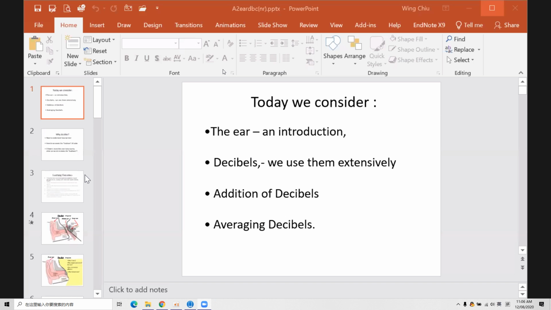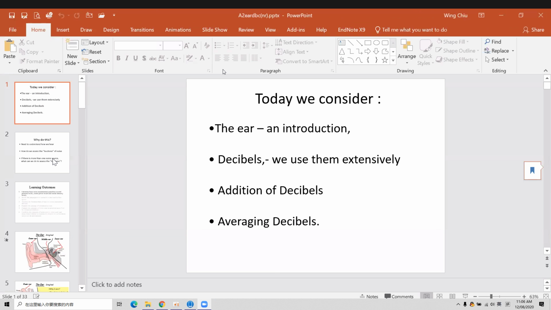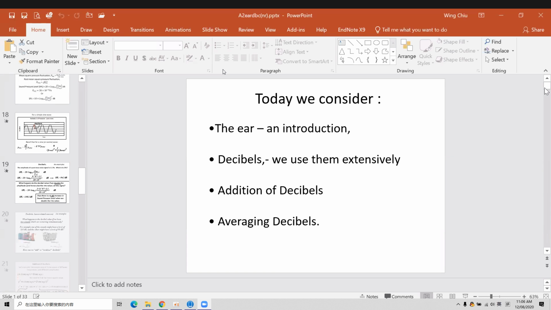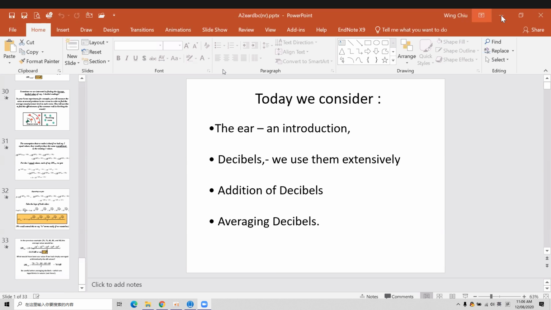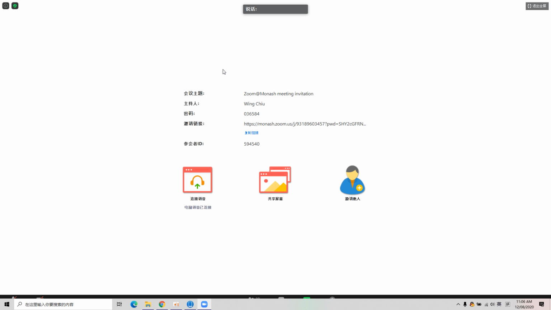Now, the A-weighted filter is, oh, not this one. Just give me a second. I'll get the right one out for you.